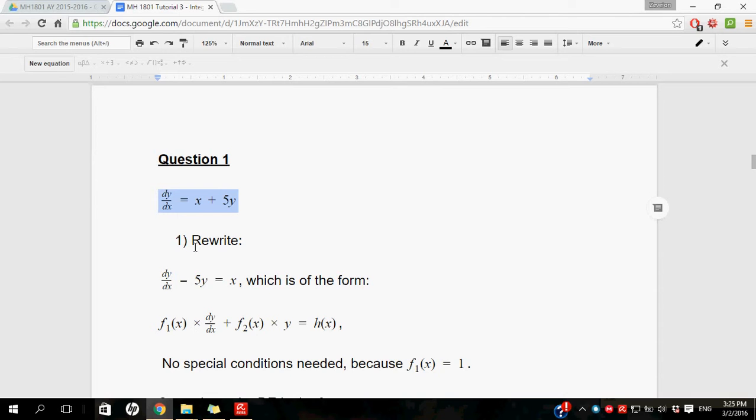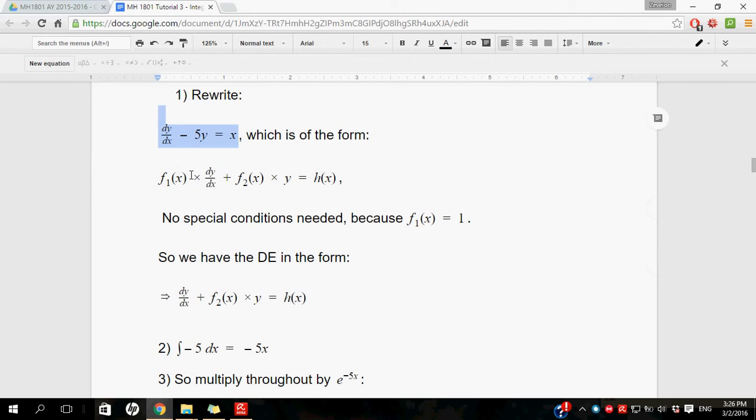First step, we rewrite our differential equation. We will shift the term involving y to the left hand side, so we get this. This is of the form as given down here: f1 equals 1, f2 equals minus 5.